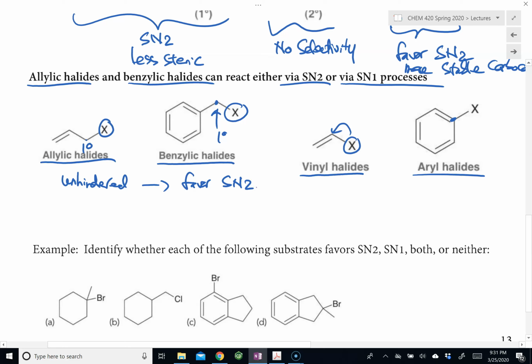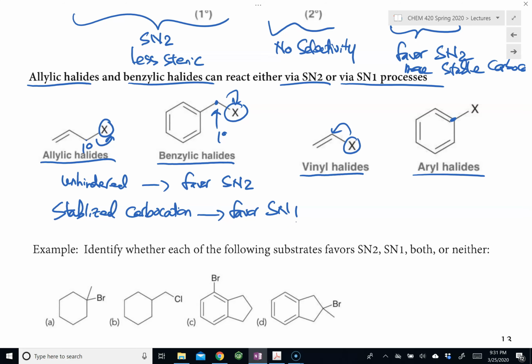But because these are allylic and benzylic halides, once the leaving group breaks off, we will be able to produce the allylic and the benzylic carbocation, because they produce stabilized carbocations. Therefore they can favor the SN1 mechanism as well. So allylic and benzylic halides can do SN1 and SN2.